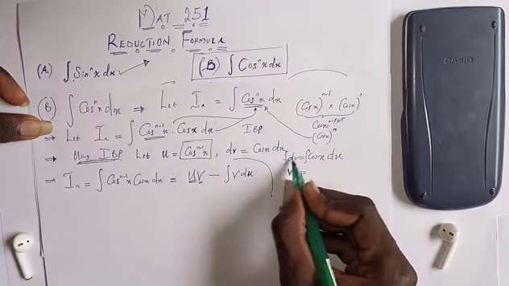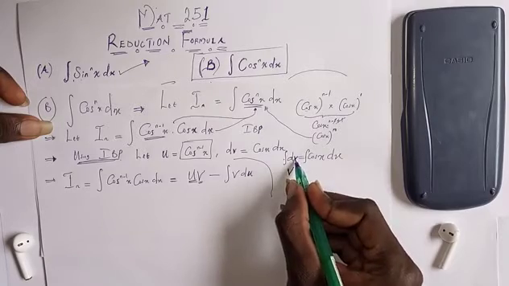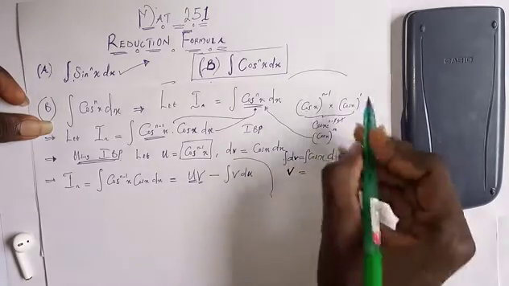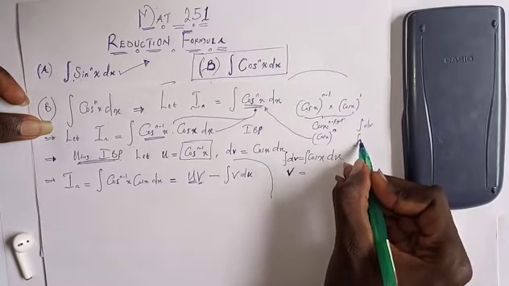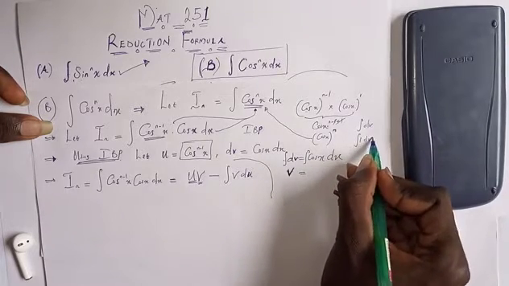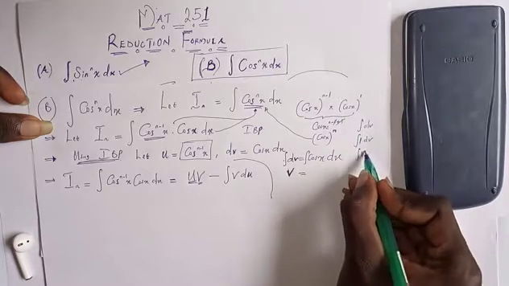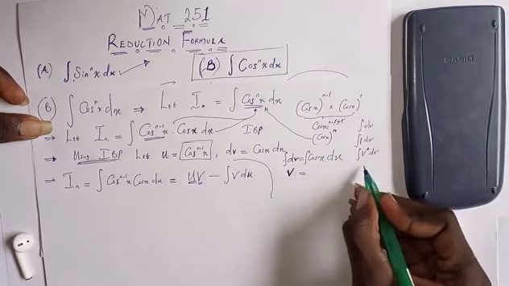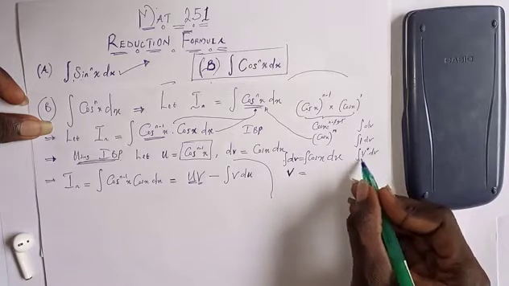When you integrate a constant with respect to any variable, you have that variable back. That is, the integral of dv implies the integral of 1 times dv, and this 1 can still be written as v raised to the power of 0, then dv. And if I integrate something like x dx, you know what to do.